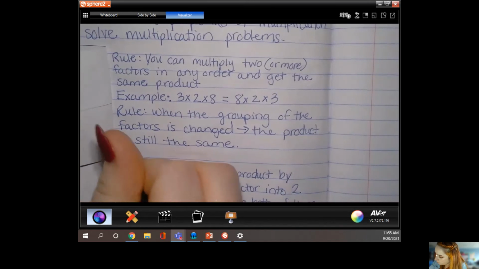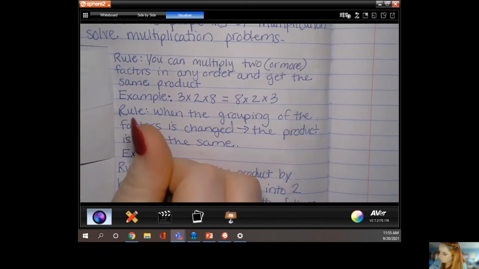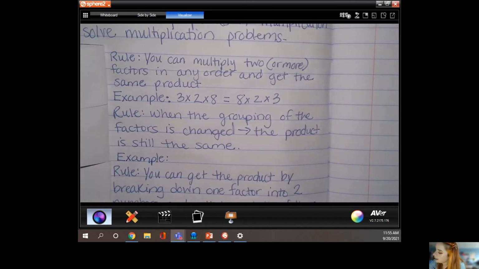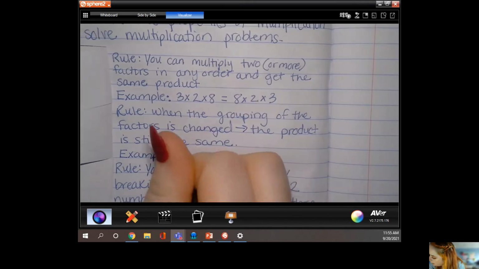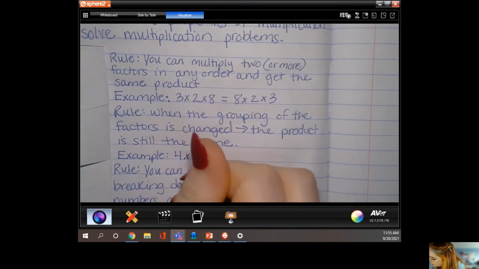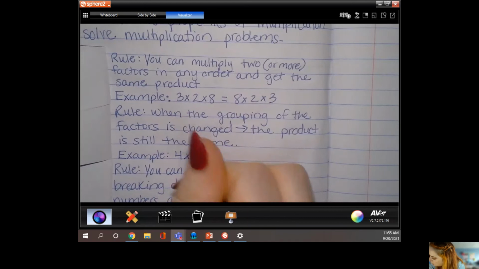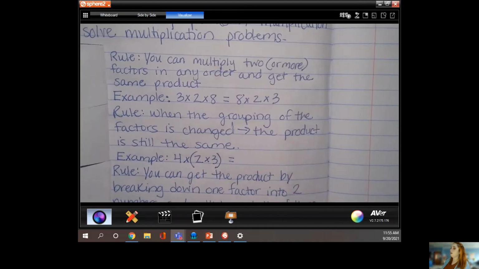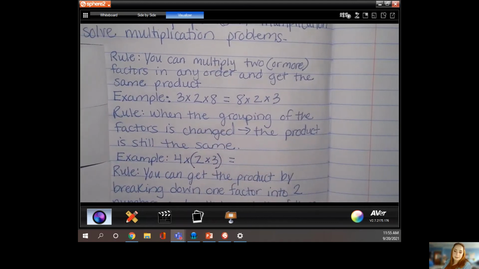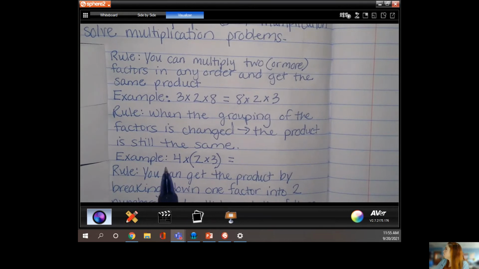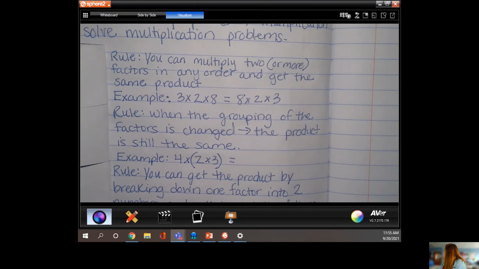Example. So say you have grouping like this. It doesn't matter whether you change where the parentheses are, no matter where you put them, as long as it's all multiplication in there, you're still going to get the same answer.